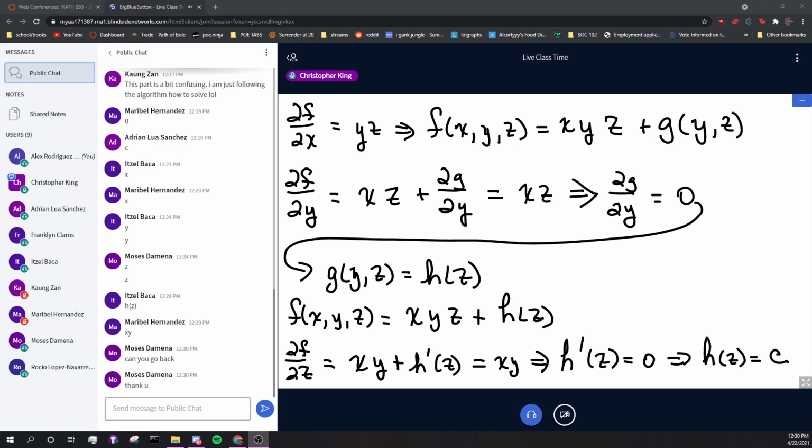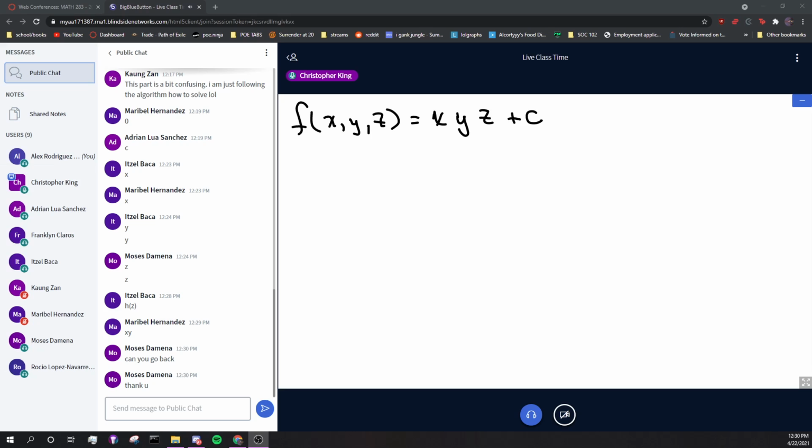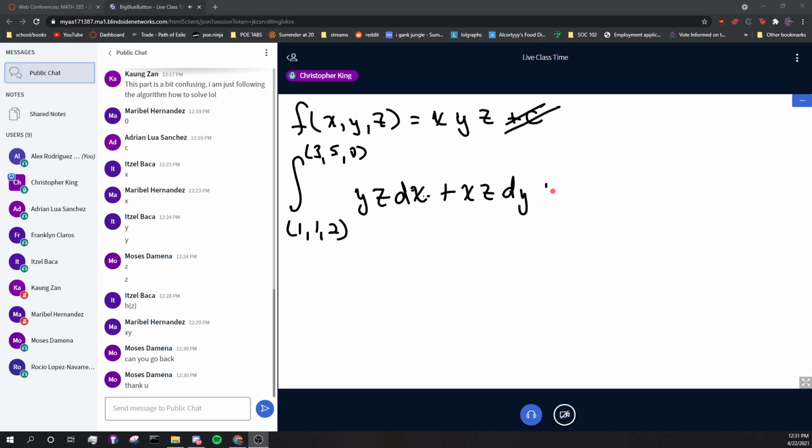Okay. So now, since what we want to do is evaluate this integral, we're going to ignore the plus c. So we're looking at the integral from (1, 1, 2) to (3, 5, 0) of yz dx, excuse me, not dz, dx, plus xz dy plus xy dz.